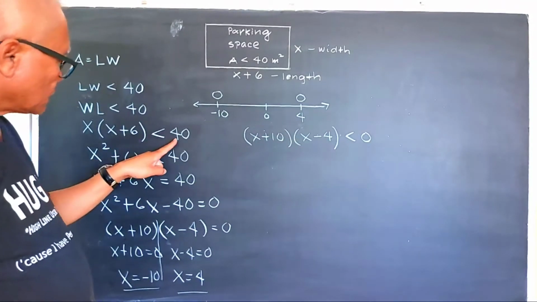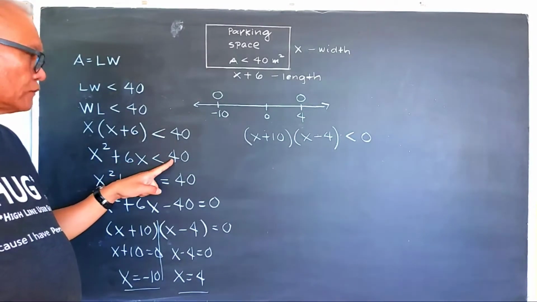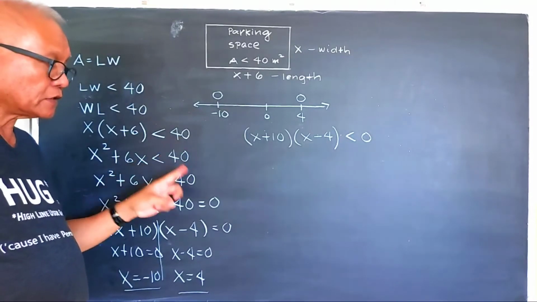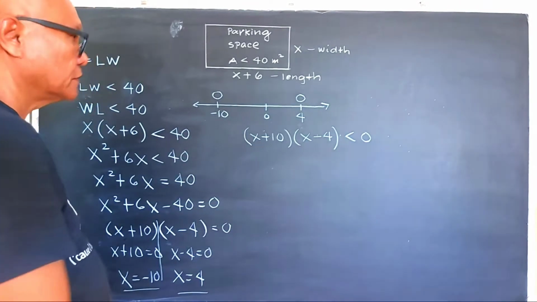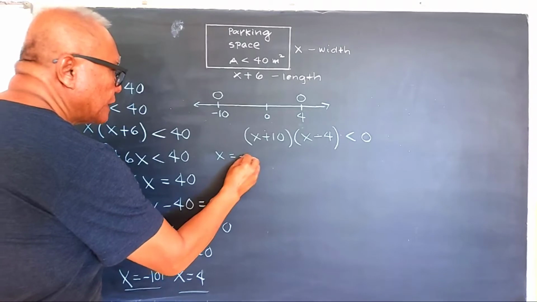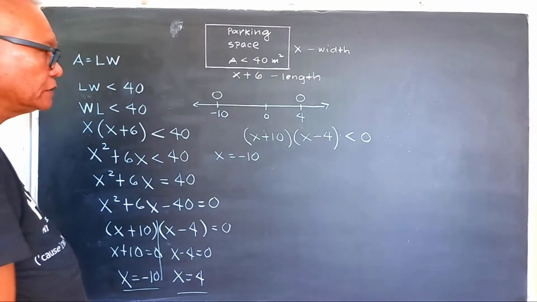The 40 here, class, is transposed to the left side. So 40 becomes negative 40, and on the right side there is nothing there, so it becomes 0. That's why it's 0 there. So let's have x. x is equal to negative 10. We are going to check if negative 10 is included.